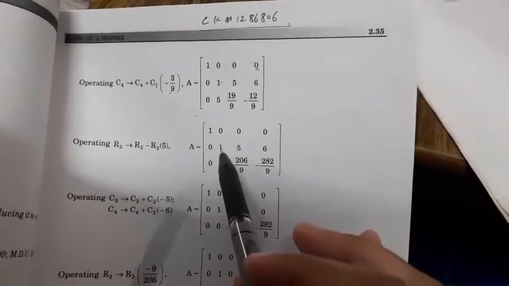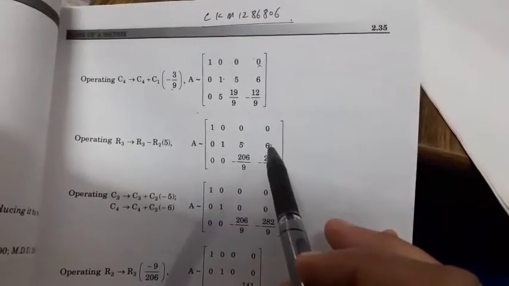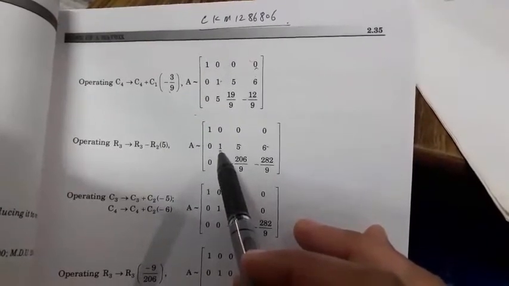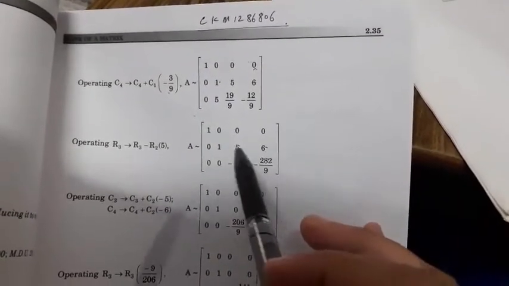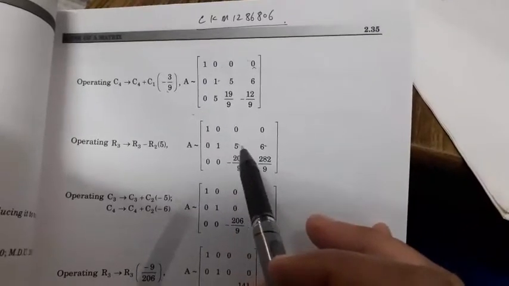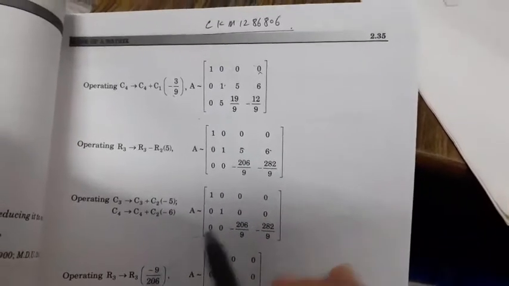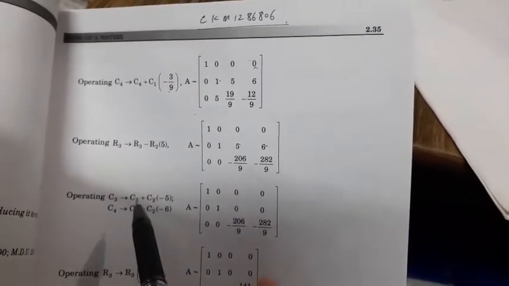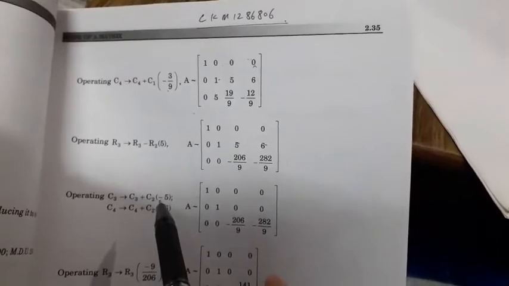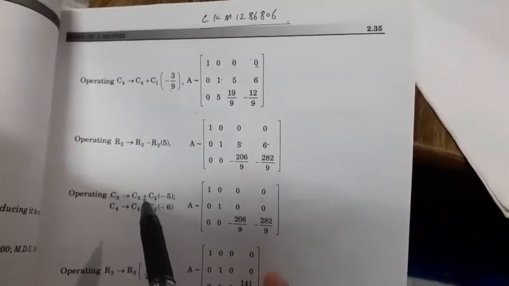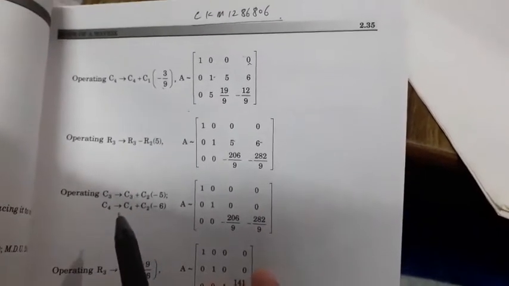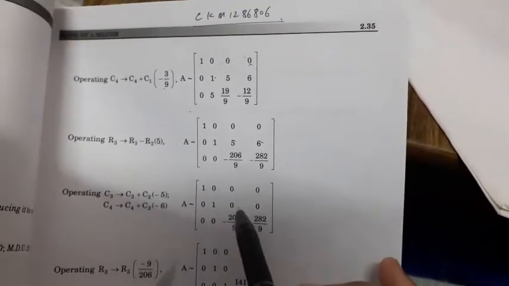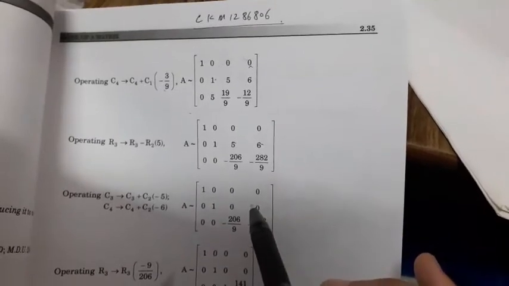Now by using this element we make these 0. We do C3 minus 5 times C2 and C4 minus 6 times C2 to make these two entries 0.